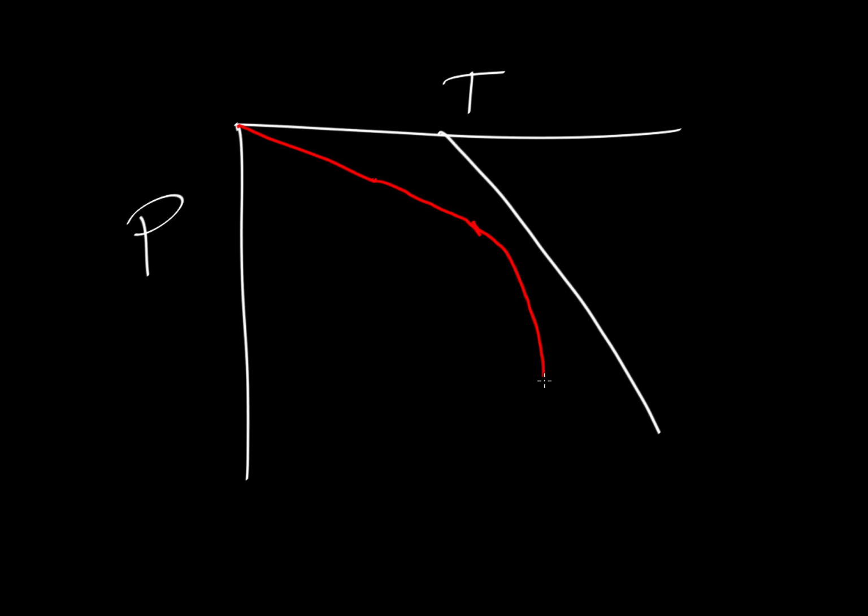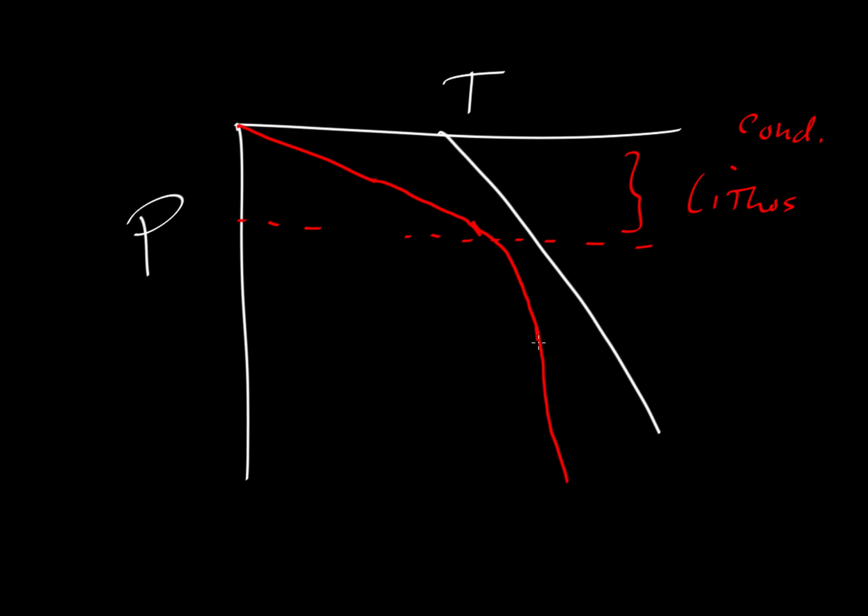So I'm going to draw it like this. So we have a fairly shallow slope here. That is where we have conductive cooling. So this is the lithosphere. That shallow slope defines the thermal lithosphere, where heat is transported by conduction.